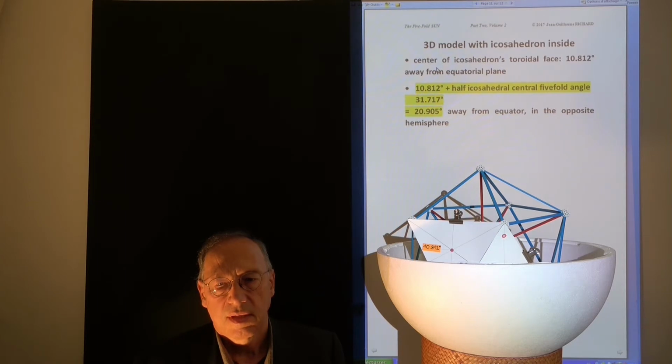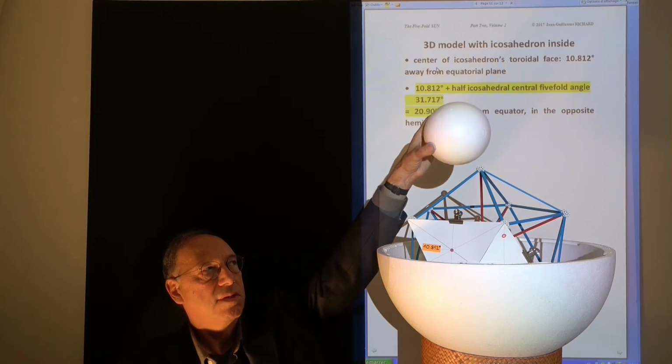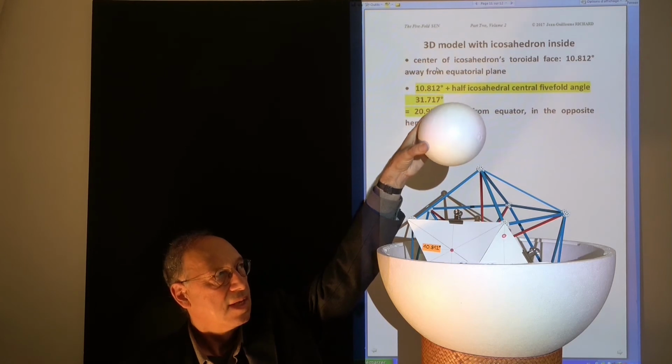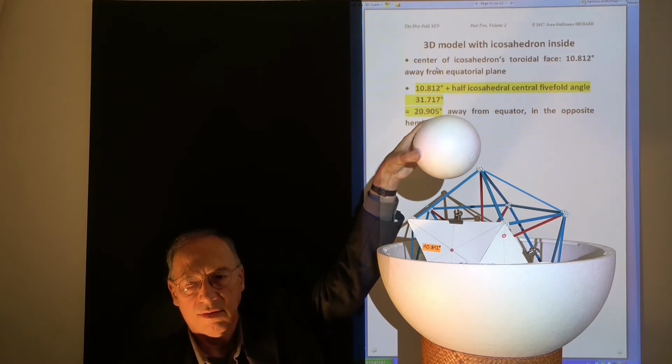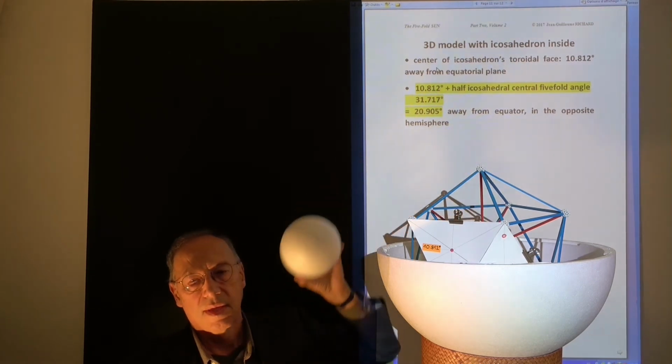So you see, 10.812 degrees is the latitude span from the equator of this model to the center of the face of the icosahedron in this model. I remind you that at each of the vertices we have to imagine a ball about this size that is centered at the vertex, here and at each of these vertices.